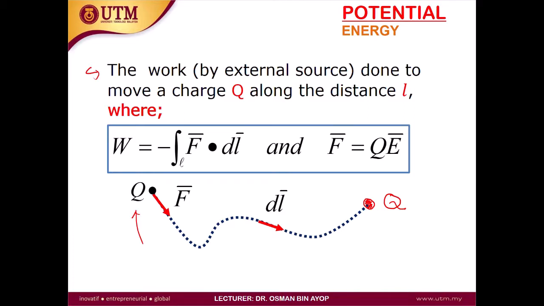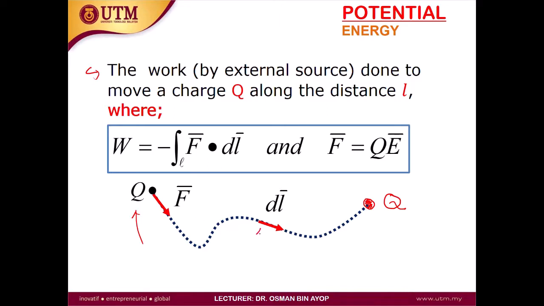To move a charge Q along the distance L, this is the mathematical representation where the work is equal to minus the integration of F dot dl. Both are vectors, so our integration is along the dl.